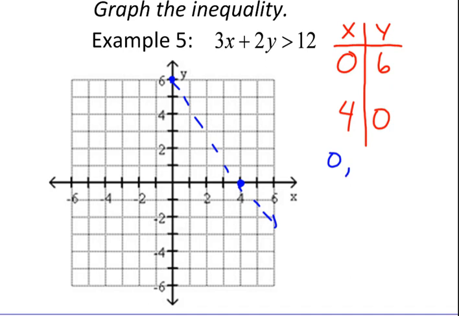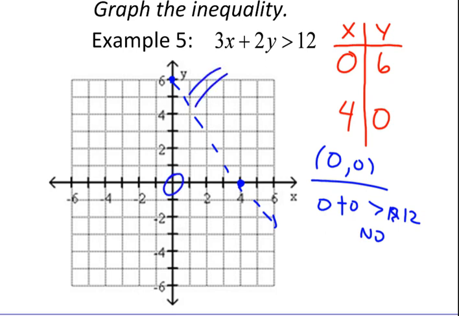We're going to use test point 0, 0. Is 0 plus 0 greater than 12? No. Zero is not greater than 12. So 0, 0 is here, but we're going to shade the opposite way. These are the things that make the statement true. These are the solution sets on this half plane over here on the right.